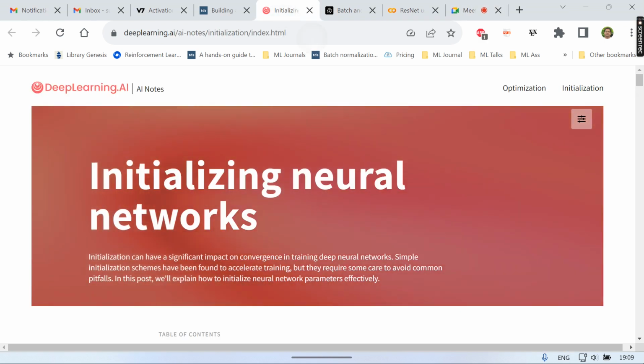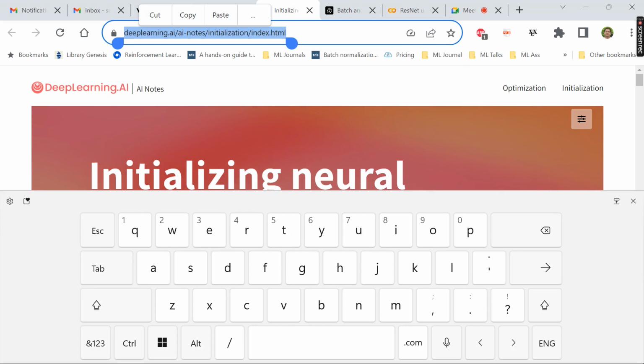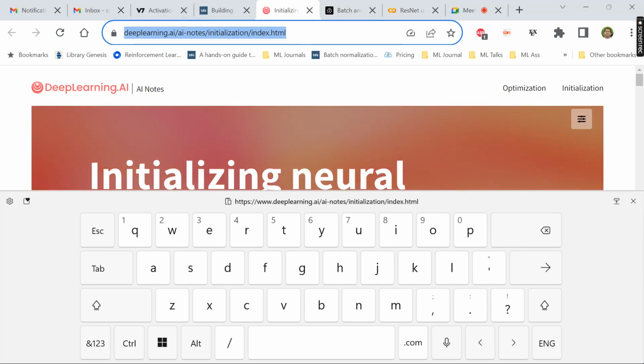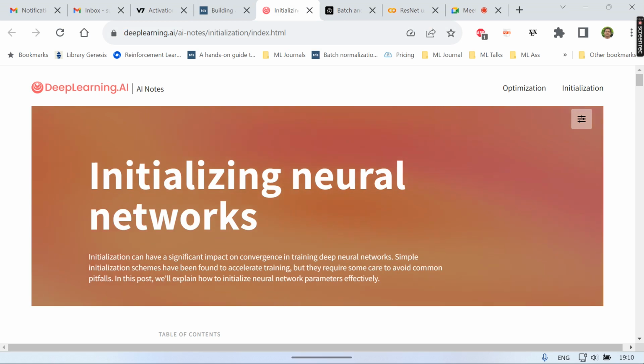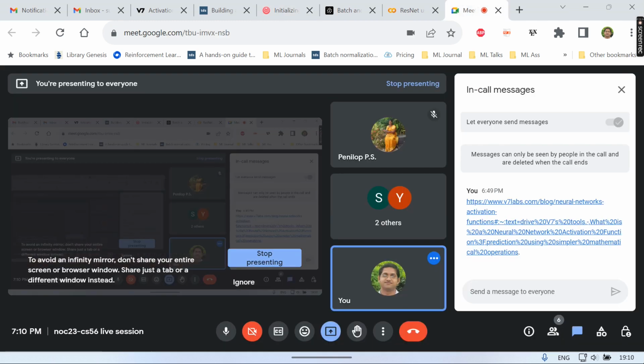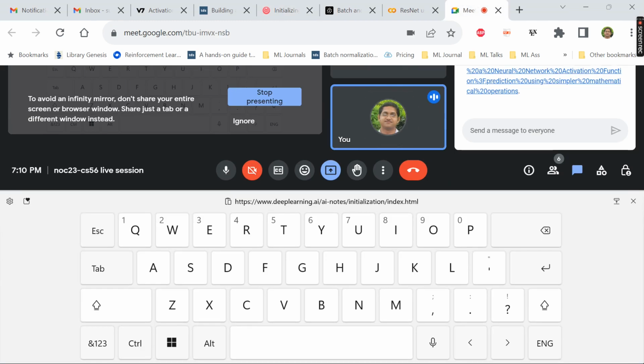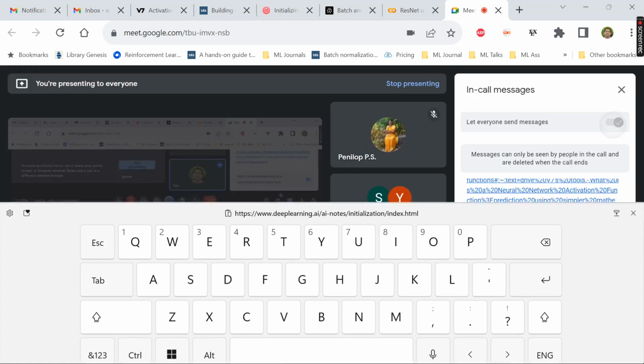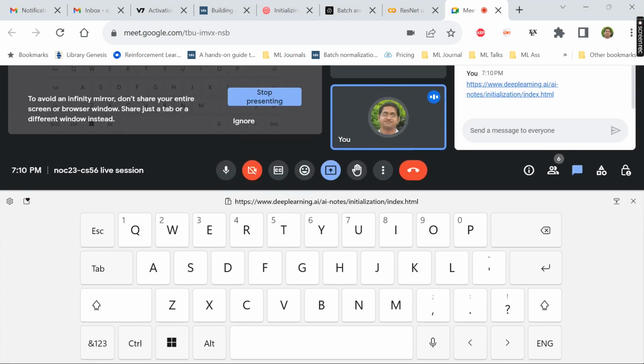So let me share this one. It's a very good introduction. It basically gives you a description of the different normalization algorithms. So for parameter initialization, you can follow this blog post.